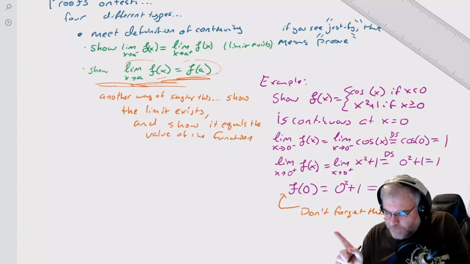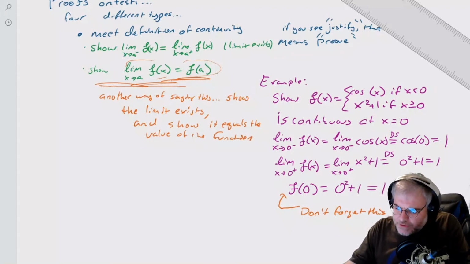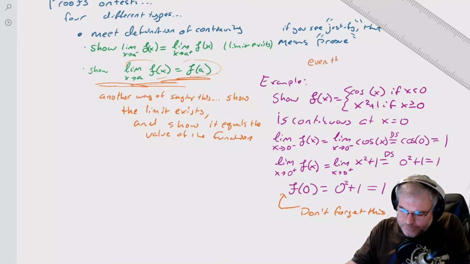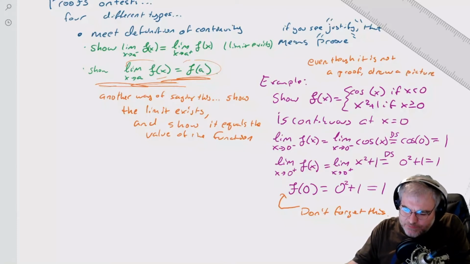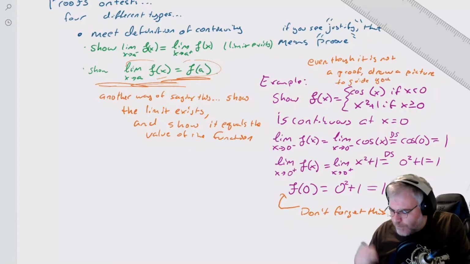Another thing that's helpful, again, is draw a picture, even though it's not a proof. Because that'll help guide you about what you're doing. So just throw a couple of little points on there.